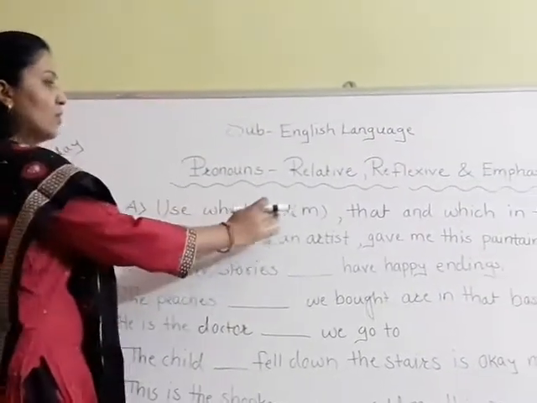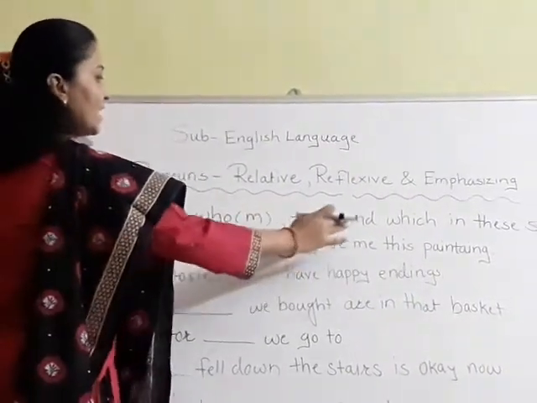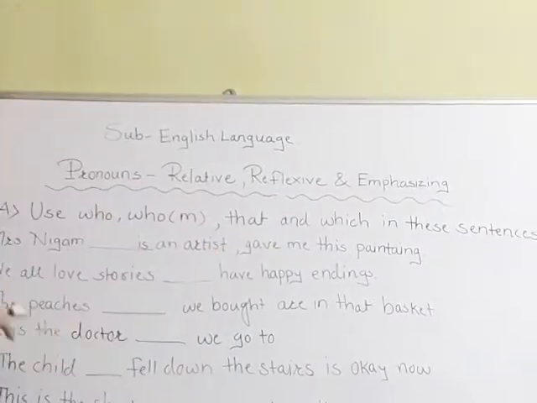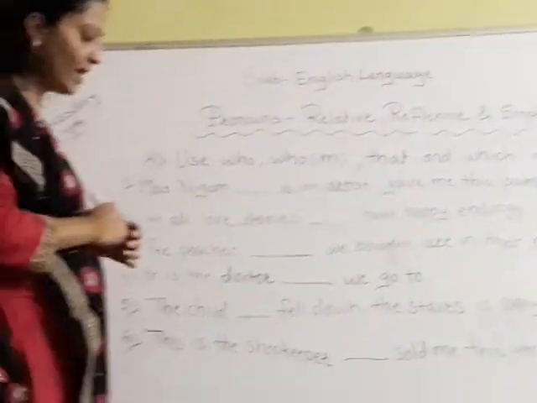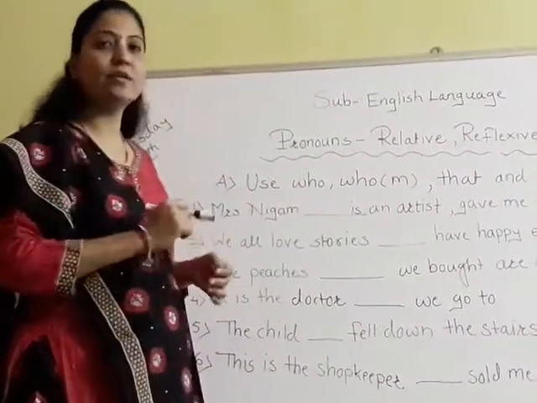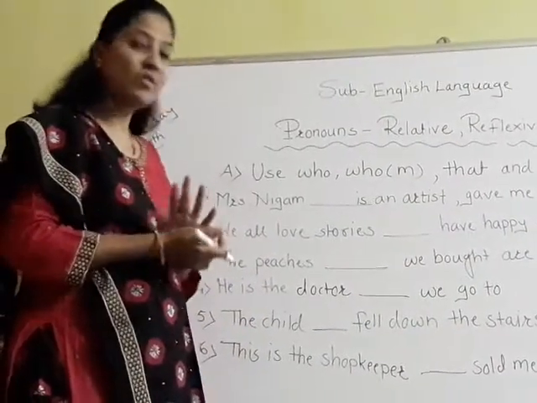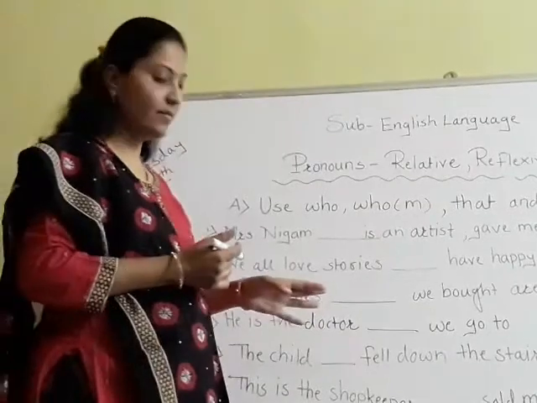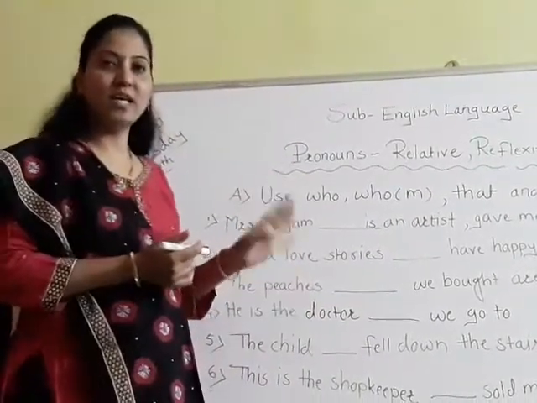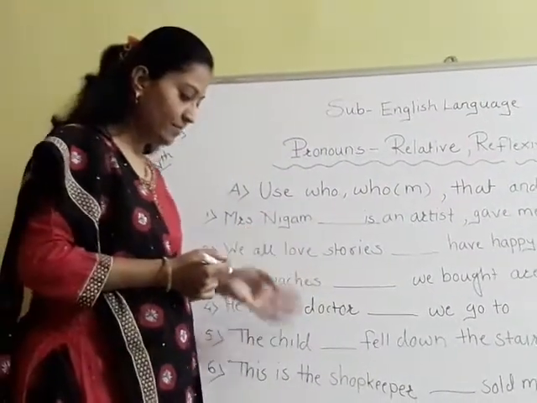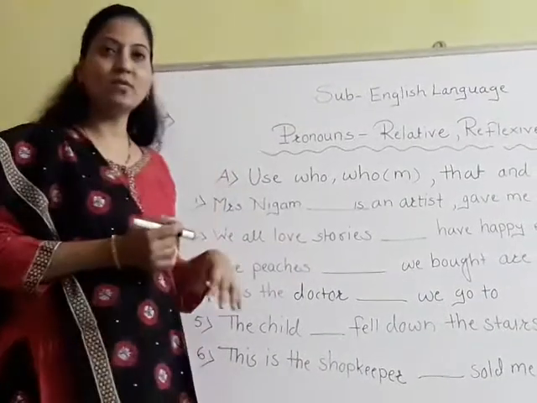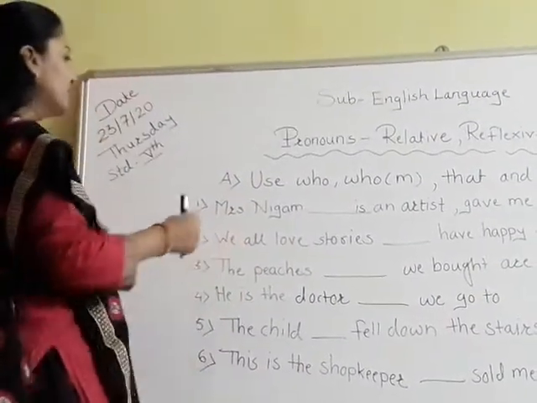Use who, whom, that and which in these sentences. Okay. So you have to keep in mind that we are using who, whom with people, and that and which with the things or the animals.